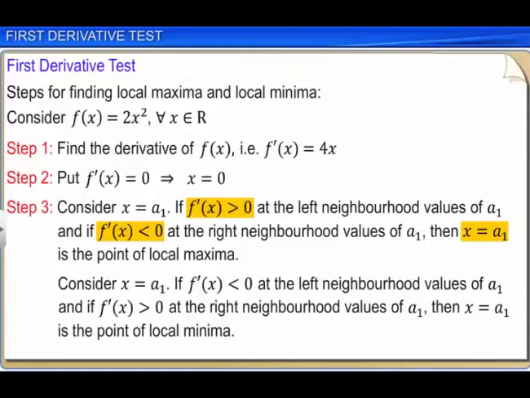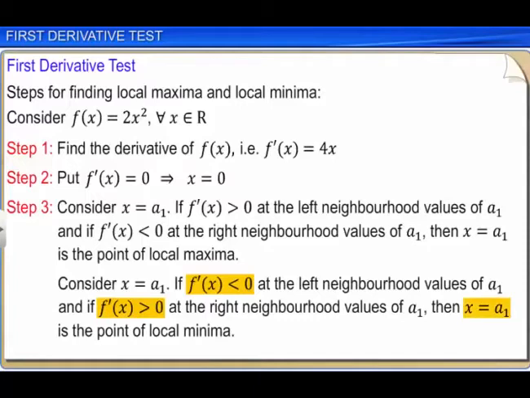Similarly, if the derivative of f is negative at the left neighborhood values of a1, and if the derivative of f is positive at the right neighborhood values of a1, then x is equal to a1 is the point of local minima.